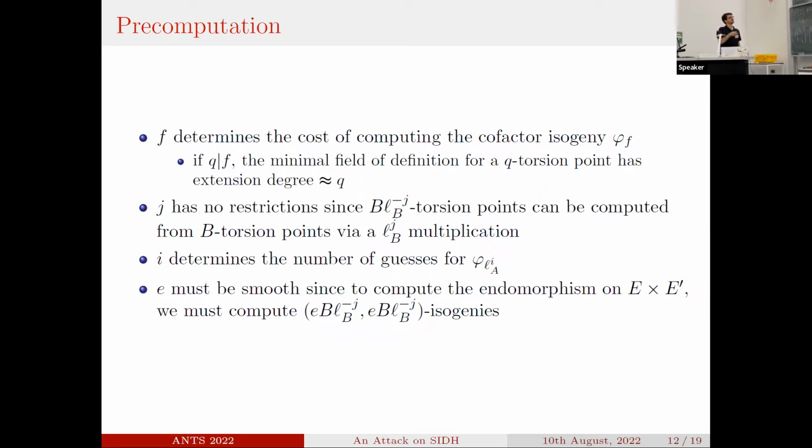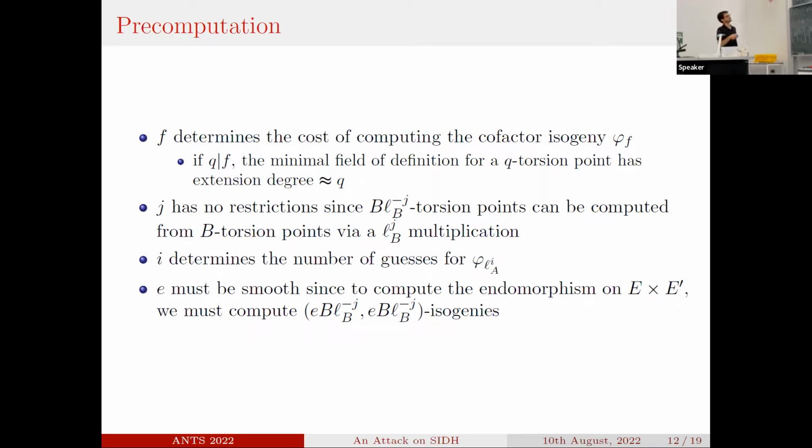So I determines the number of guesses that we need to do for the last steps of the secret phi A. And also, E must be smooth, since to compute the endomorphism E times E prime, we must compute these isogenies here.